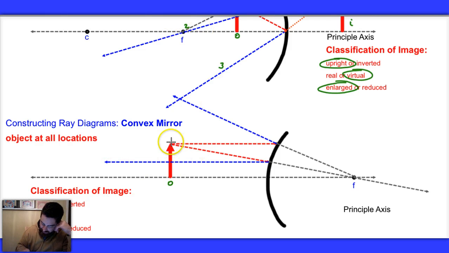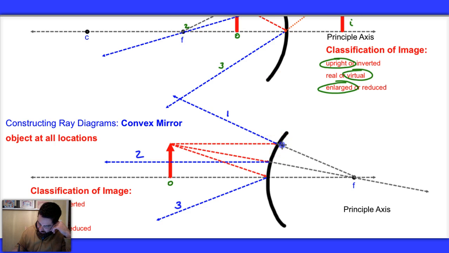And finally, my third ray strikes the mirror at the principal axis, reflects below the principal axis at the same angle. Those three diverging rays, which we'll call 1, 2, and 3, appear to originate behind the mirror.